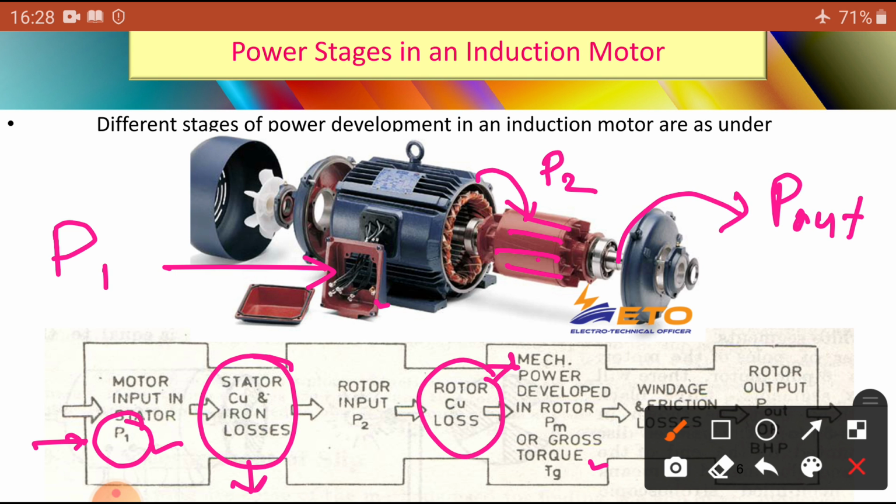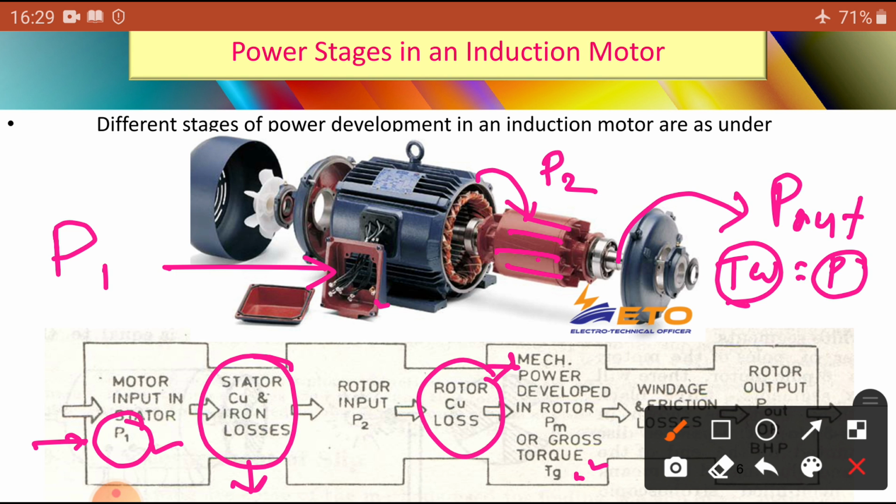What is the torque? Torque into omega is equal to power, where omega is 2πN by 60. So torque into omega is power. That means the net torque is developed in the rotor to rotate the rotor.